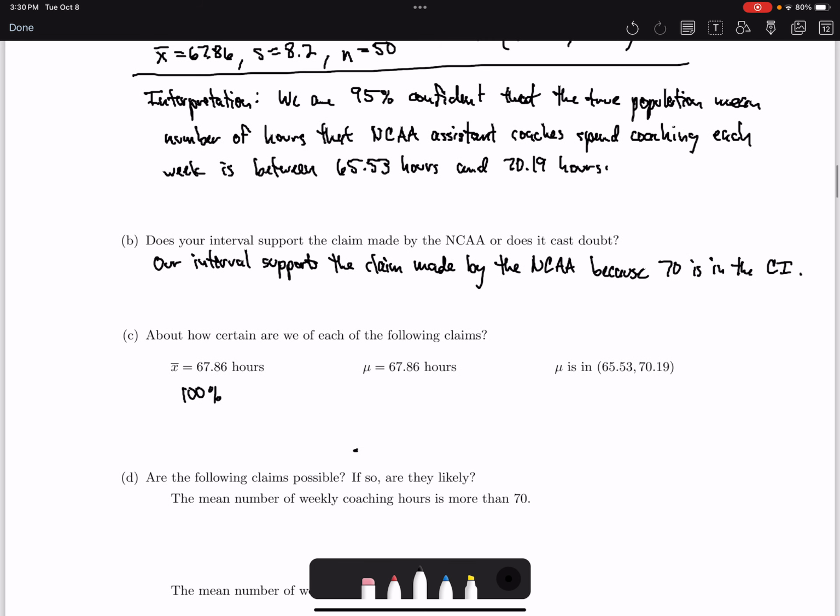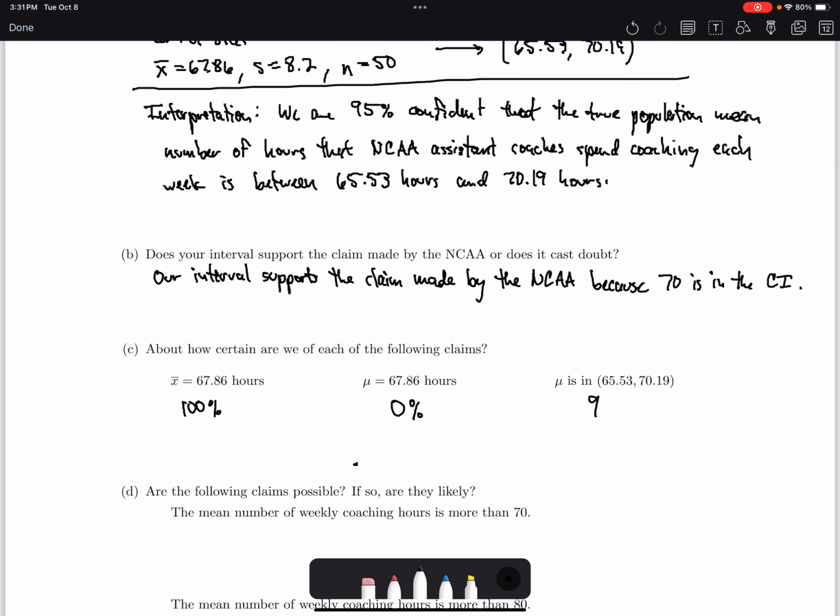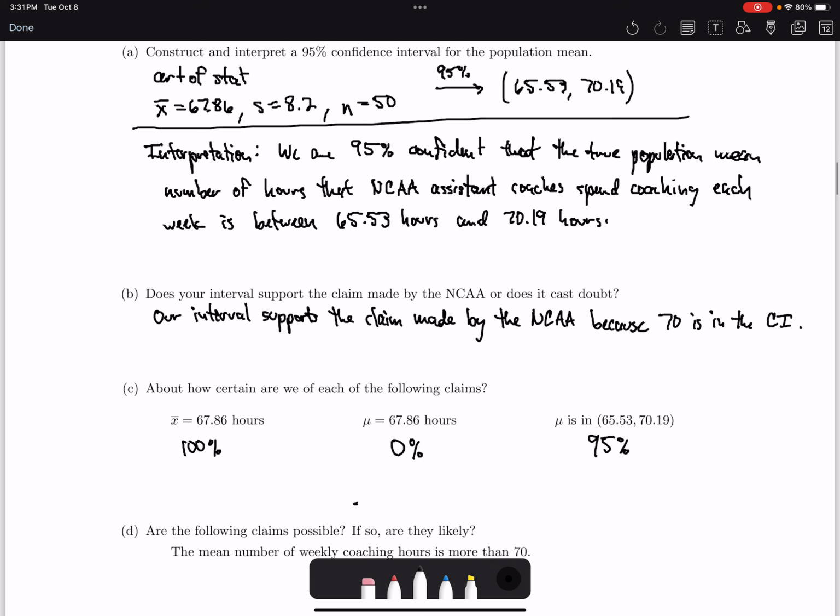We are 0% sure that the population mean is 67.86 hours, okay? Just because this particular sample had a mean of 67.86 doesn't mean the population mean of all assistant coaches will be 67.86. However, we can be 95% sure that the population mean is somewhere between 65.53 and 70.19 hours, because that's what we got in our confidence interval.